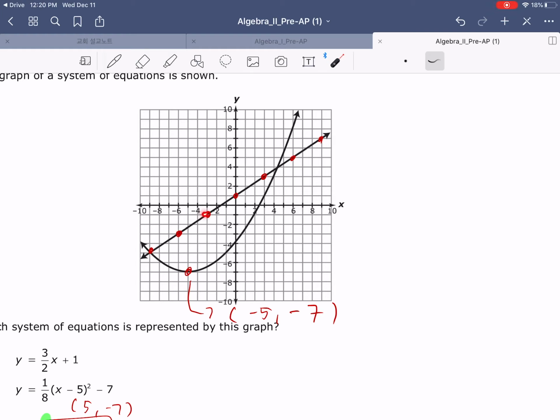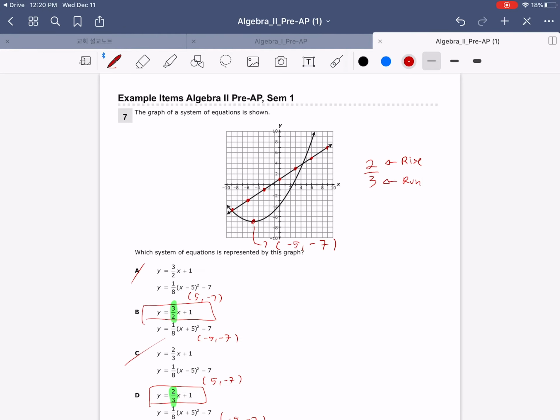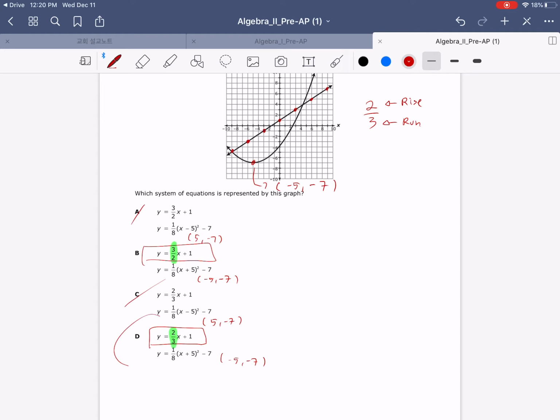So 1, 2 up, 1, 2, 3 to the right, which means +2 and +3. That's rise over run. So that's gonna be 2/3, which means our answer is gonna be D.